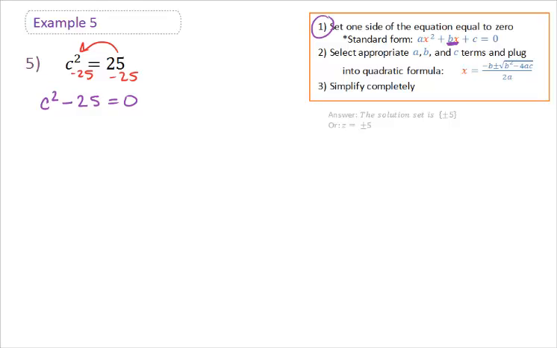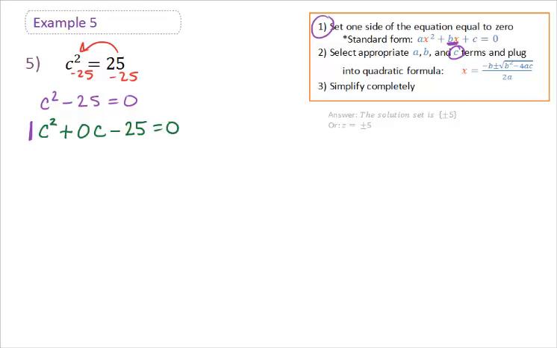Now I need to select my appropriate a, b, and c values. Now don't get this c value mixed up with this c value. Okay? If I did officially write this in standard form, let me go ahead and do that. I have a something x squared plus a something x plus, or in this case minus, your constant equal to 0.